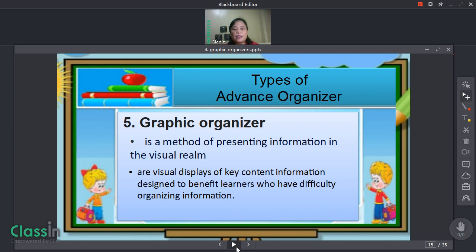Okay, we cannot deny the fact that when we use a visual display, it is easier to recall or to remember instead of having those long words or long text. Okay, so in order for us to organize information, we can use these graphic organizers.